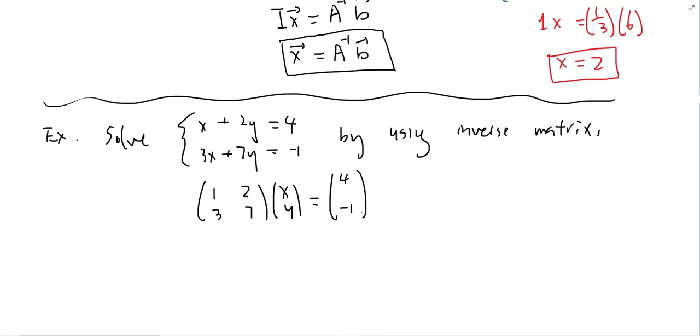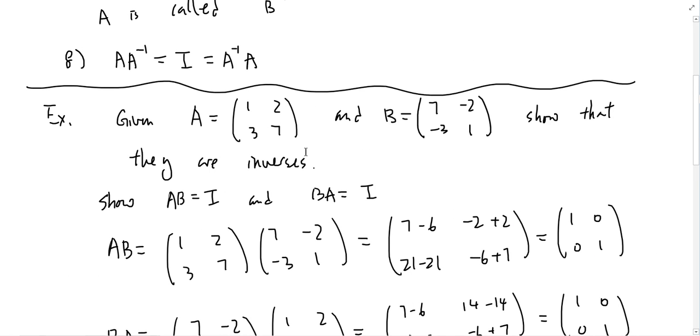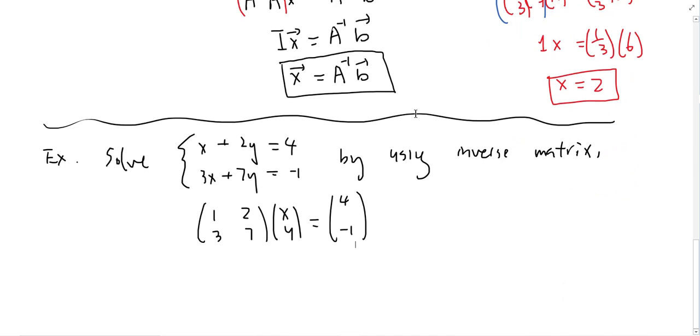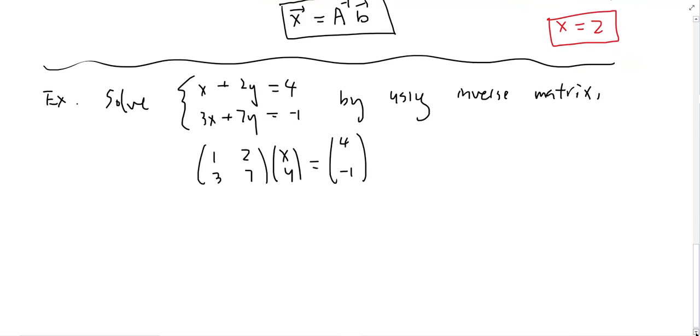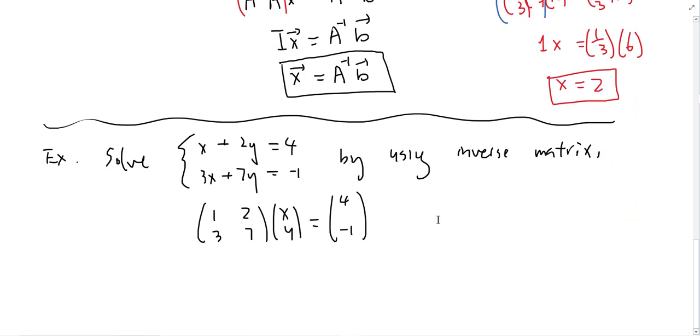Well, actually, I did tell you what the inverse matrix for this particular example is. If you look back in your notes, notice that 1, 2, 3, 7 is right here. It's matrix A. We already established that this matrix is the inverse of it. So therefore, I can go ahead and just do that. So basically what happened is this. I'm basically doing this entire process right here to show you what happens.